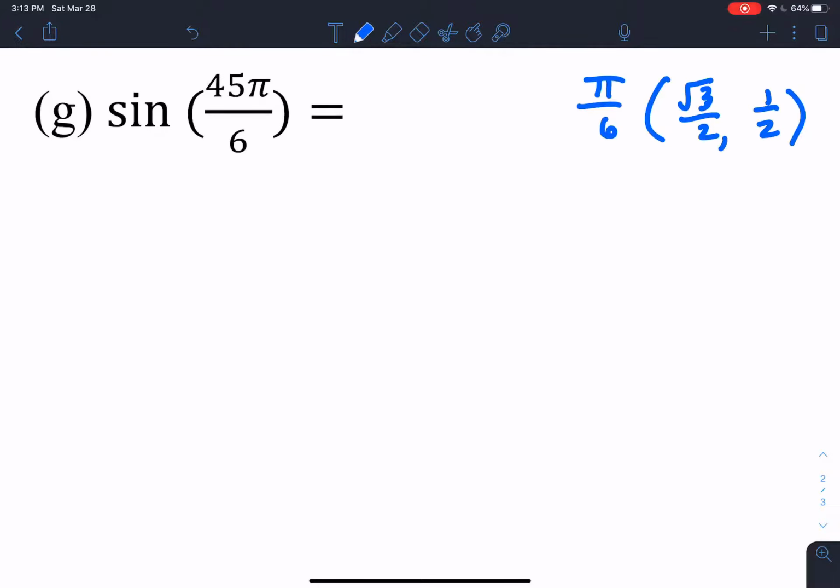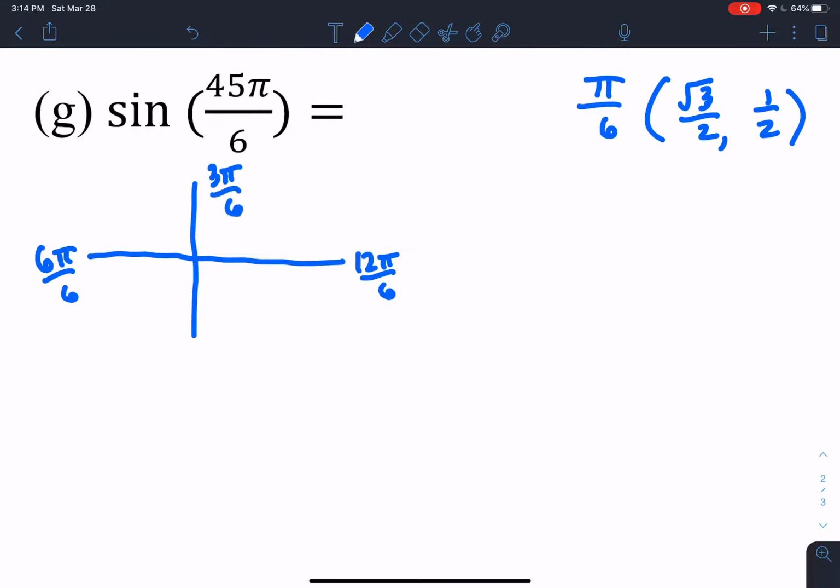Now I need to figure out where 45 pi over 6 goes. I know that one time around is 12 pi over 6, because that's 2 pi.